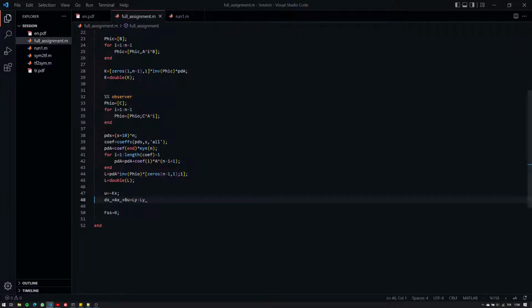So we have this equation here, ax plus bu plus ly, and this is not x, this is x hat. So if I plug this into here, it will become minus k x hat times b. So this is basically the end result here, but we have a common factor, so it will look like this.